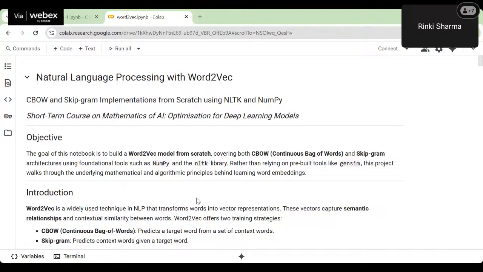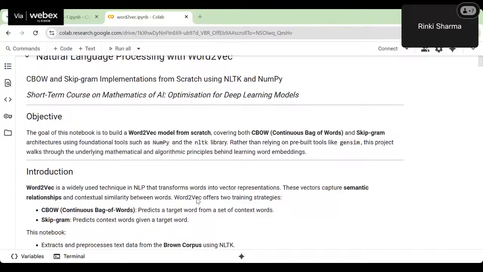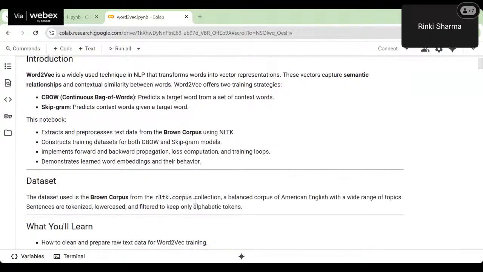We will use the Brown corpus text data, which consists of approximately 57,000 sentences. We will see how to generate the context and target pairs for both architectures, see their training on the dataset, and then see a use case by predicting the closest word to a given word. So let us start with the session.